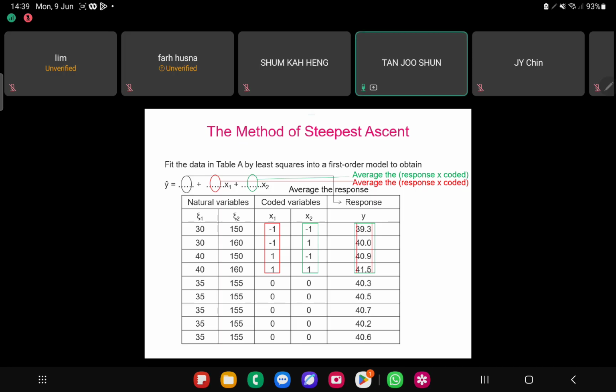If you cannot get similar values to what I showed just now, let me know and I will explain again. 5 minutes.